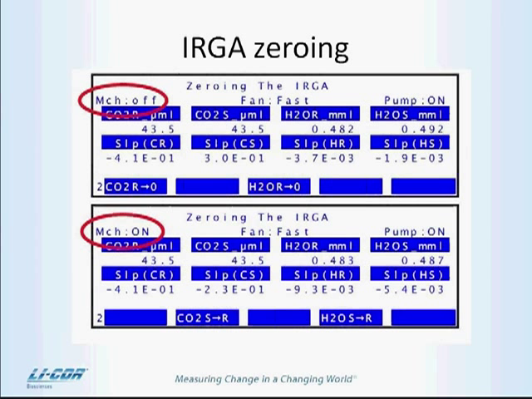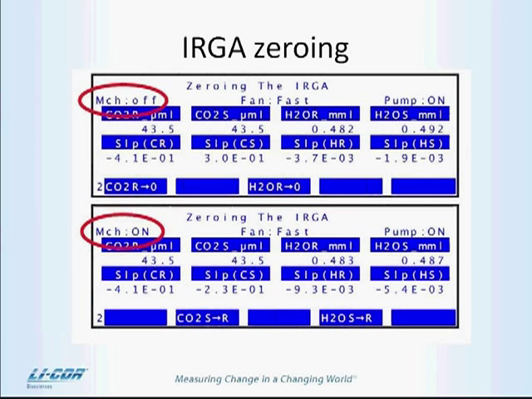On level 2, though, you can zero just the reference line and then have the sample match the reference. This option is especially beneficial for larger chambers that take a really long time for CO2 or H2O to be scrubbed out. For example, if you're using a custom chamber, it can take a really long time for that. And now we can do it faster.